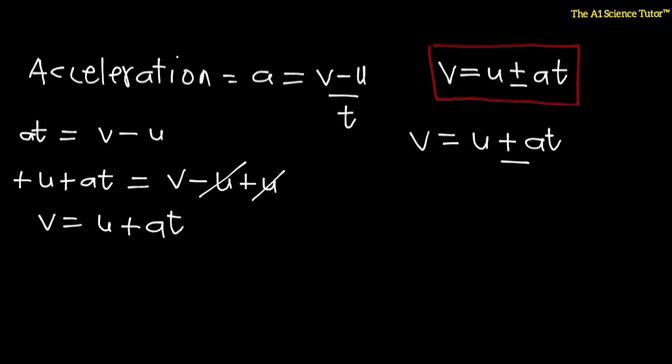So that will be positive. But if you have that body decreasing in its acceleration, that form of motion would be called deceleration or retardation, and so you need to use u minus at. So that is the reason why you have a positive and a negative, in case you have a deceleration.